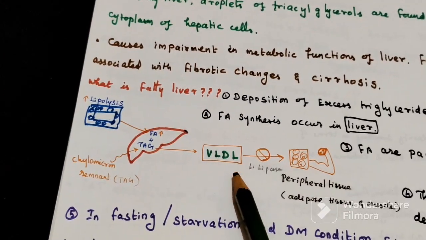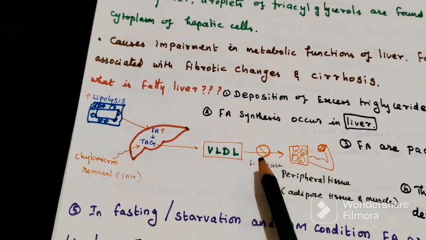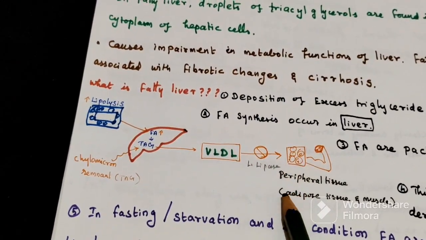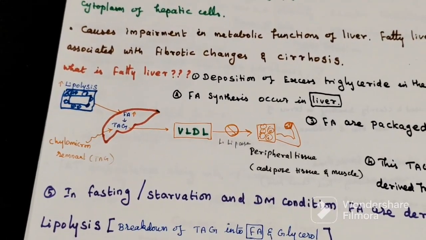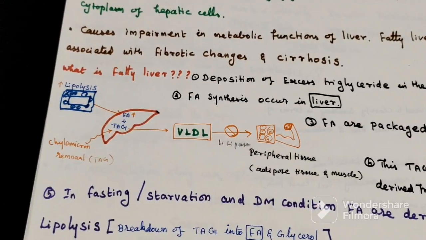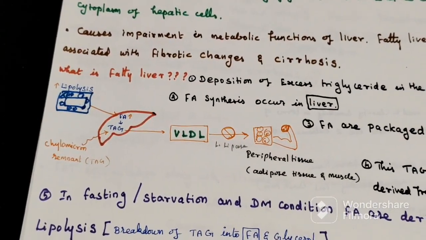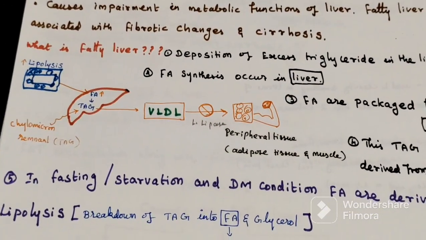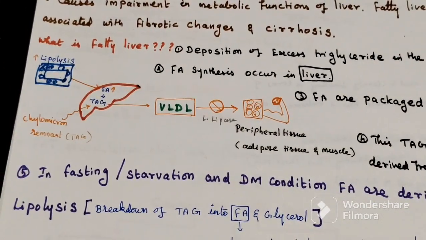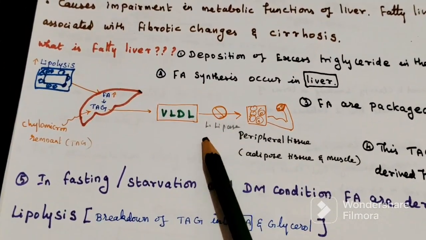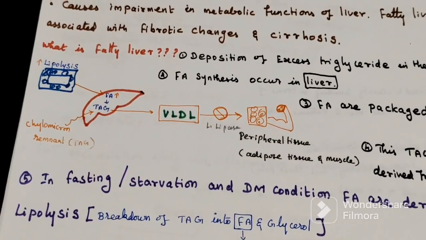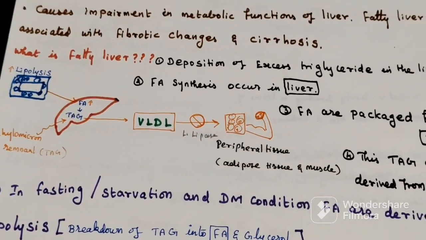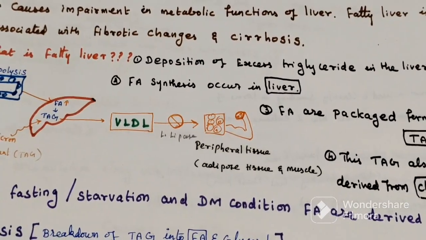Very low density lipoprotein is transported to peripheral tissues like adipose tissue and muscles. In adipose tissue, the triacylglycerol in the form of VLDL is broken down into fatty acid and glycerol by the action of the enzyme lipoprotein lipase. Fatty acids are taken up by adipose tissue for storage, and by muscles for energy.